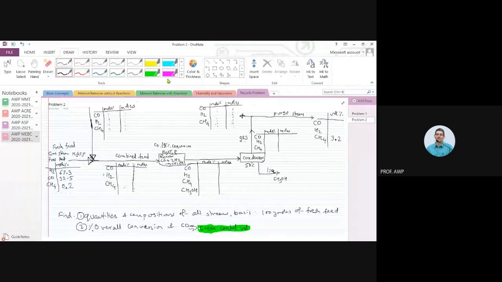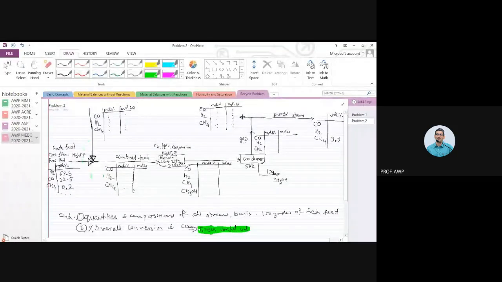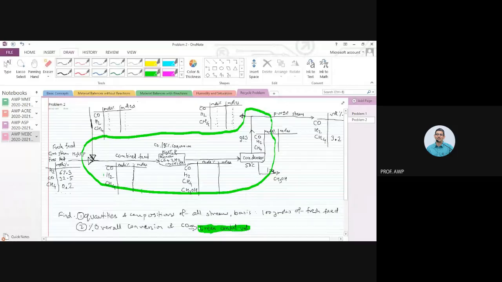So the plant now is going to be like this green control volume. There is a stream coming in, there is a stream going out. It is as if we are having two different streams.